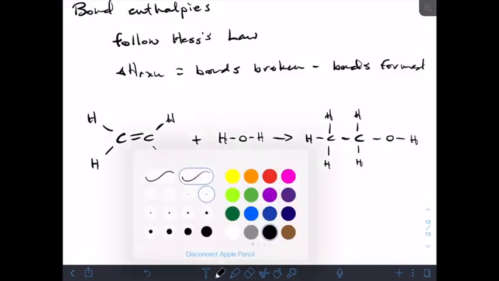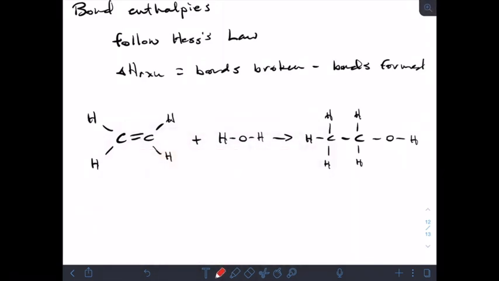Let's think about what bonds are being broken here and what bonds are being formed. So bonds broken, we've got this one, and we've got this one.